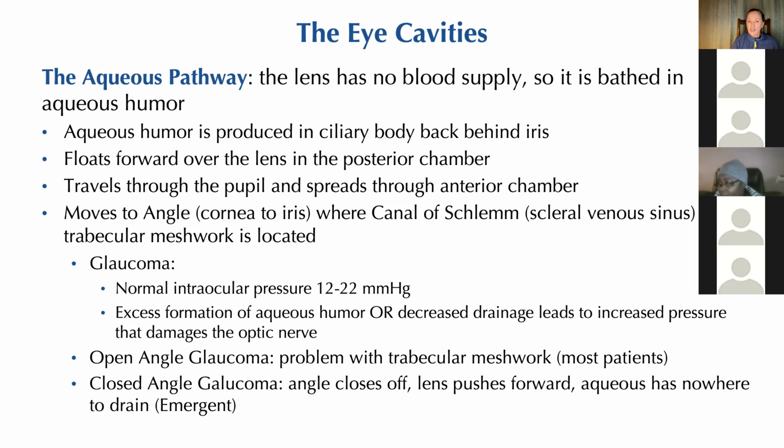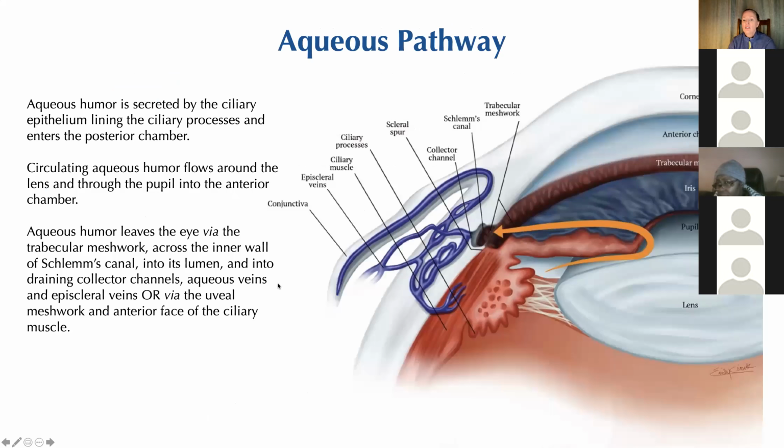And let's just kind of look at the picture as I talk us through this. All right, so here we have our ciliary body, and it's covered in some epithelial cells. Here is our posterior chamber, which is behind the iris, and this is our anterior chamber in front of the iris. Let's just go over all these parts.